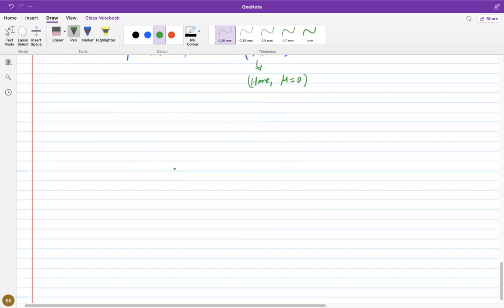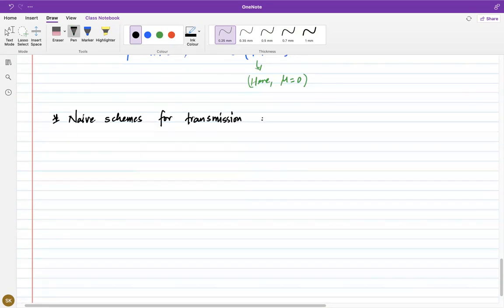So now with that, we'll move on to studying some simple naive schemes for two channels. One is BEC and another one is BSC. In particular, these schemes that we will discuss here are known as repetition codes.